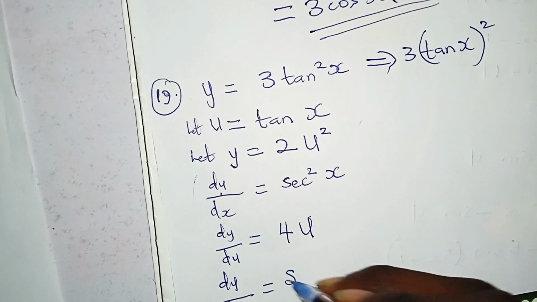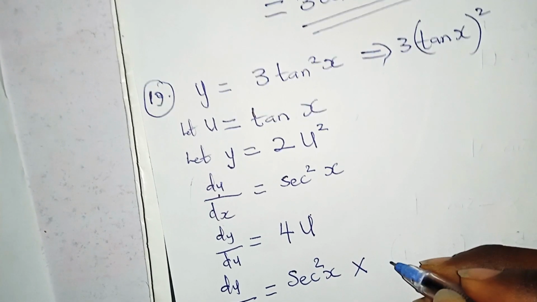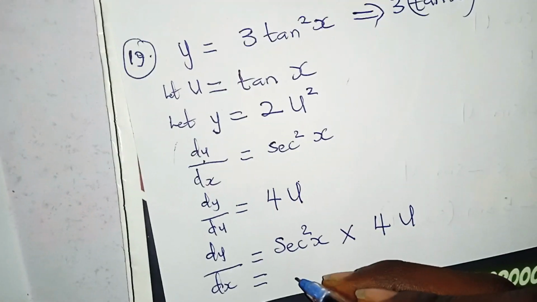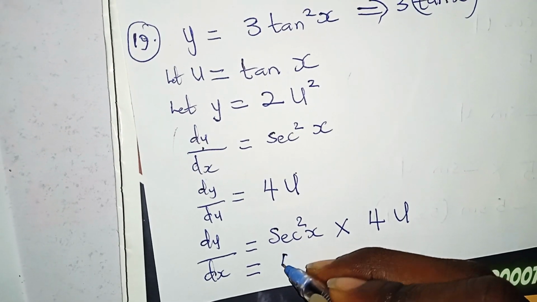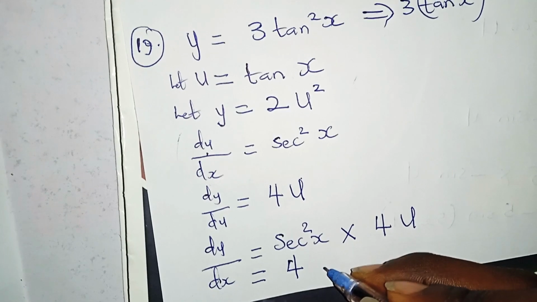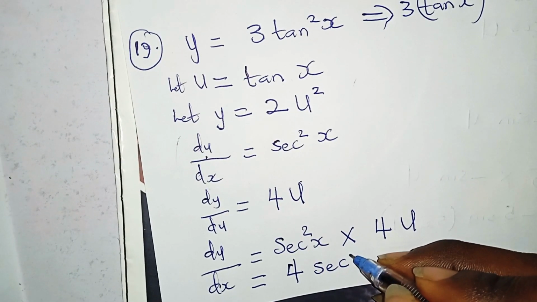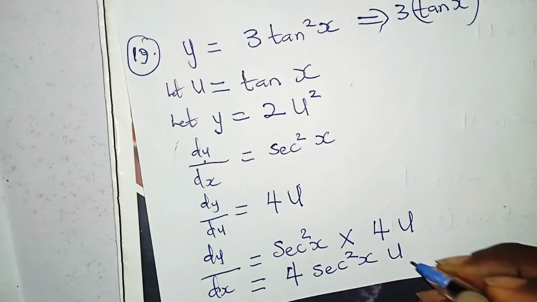So this is the same thing as sec squared x times 4u, which is 4 sec squared x u.